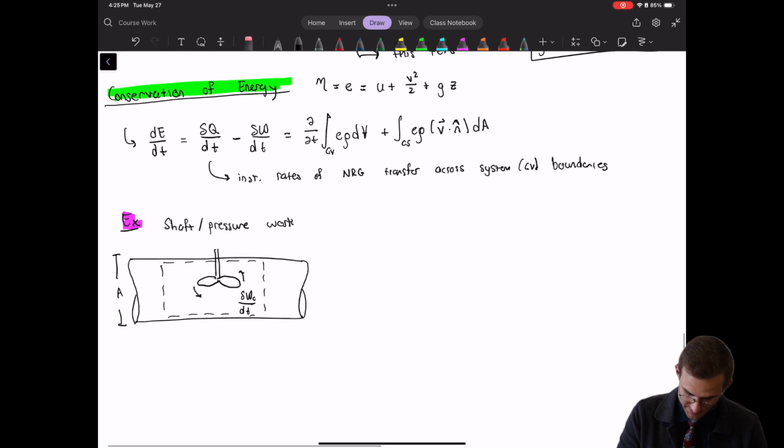Okay, so we can write that down. Pressure at the CV boundary pushes fluid in and out, doing work.